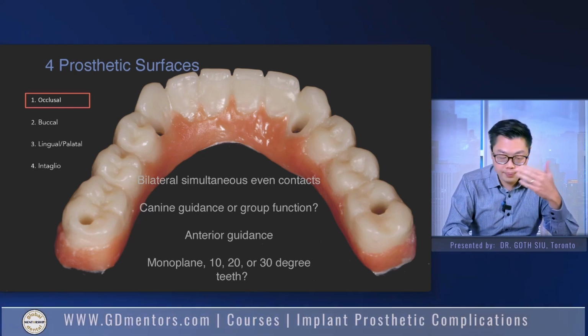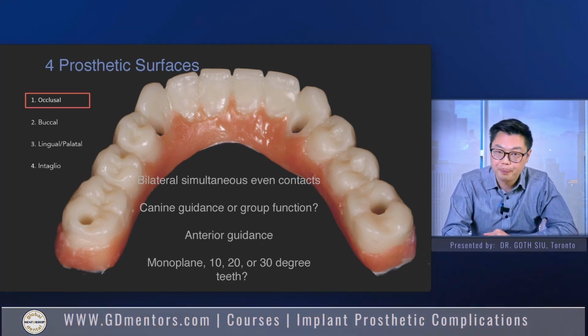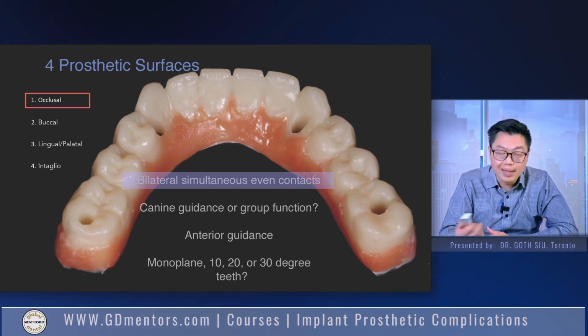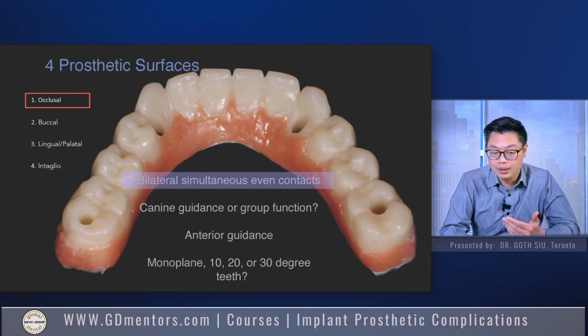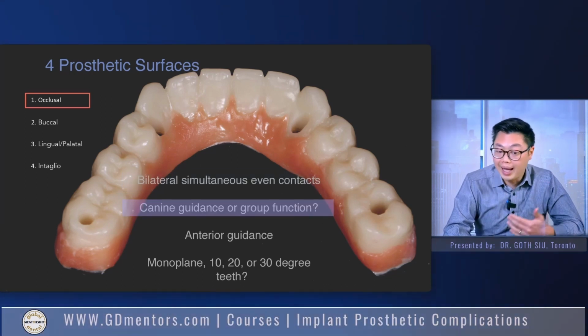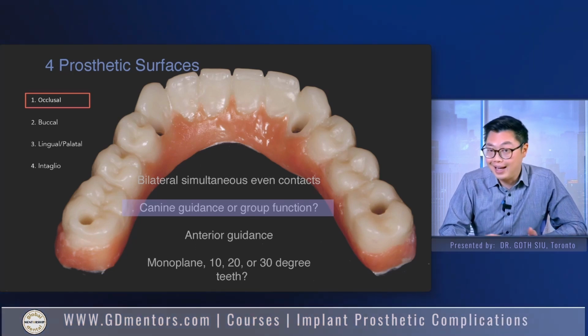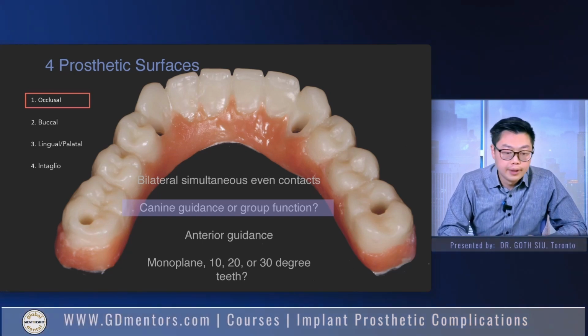And obviously there are going to be other issues related to occlusion. So when we're doing these full arch restorations, bilateral even contacts is a requirement or ideal. Canine guidance or group function, both are okay, depending upon what's on top and aesthetics and whether the patient bruxes or not.